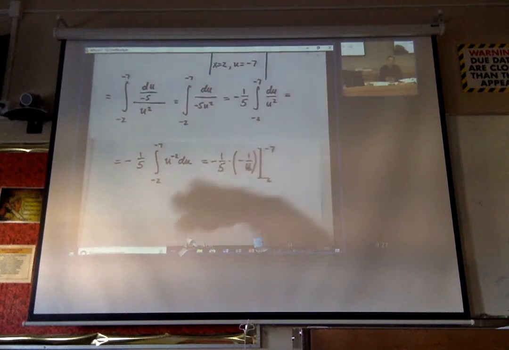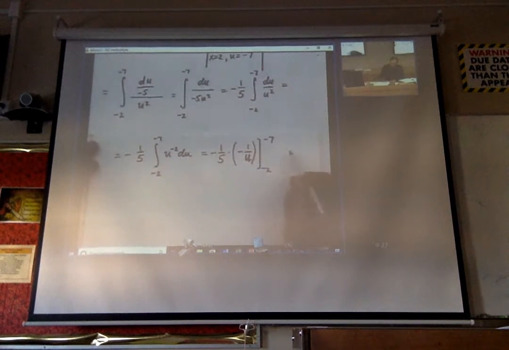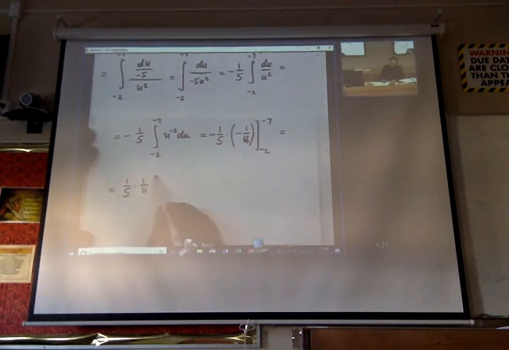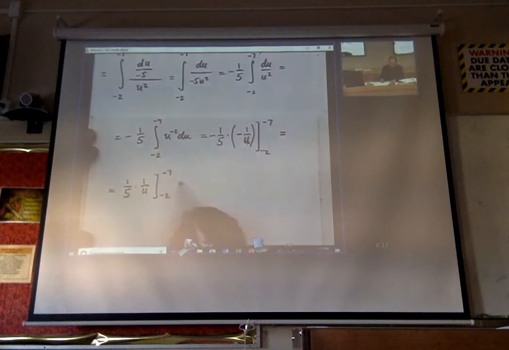So overall, it doesn't make any difference if you change it or not. So I have 1 over 5 times 1 over u, just positive. Okay, negative, negative gives me positive. And then we have from negative 2 to negative 7. Again, it doesn't make any difference if you flip. You'll still have the right answer.